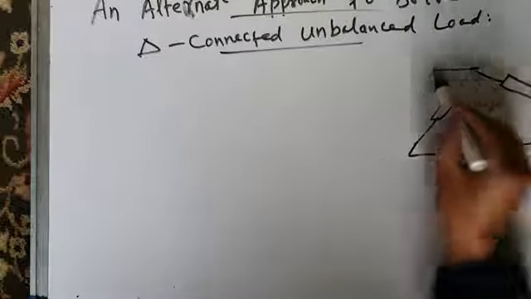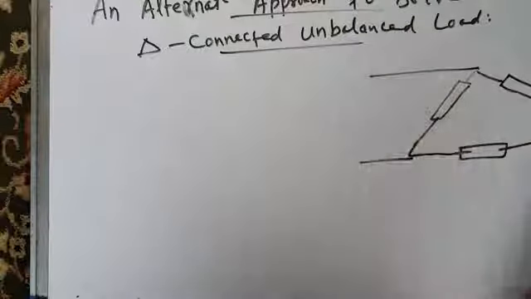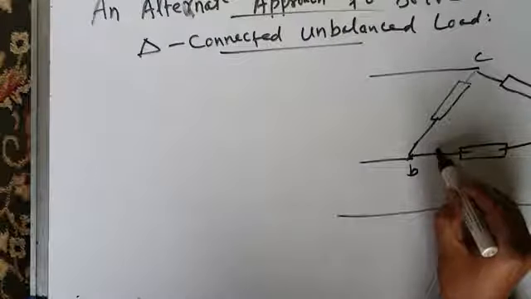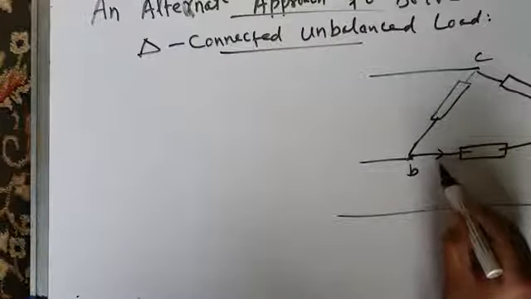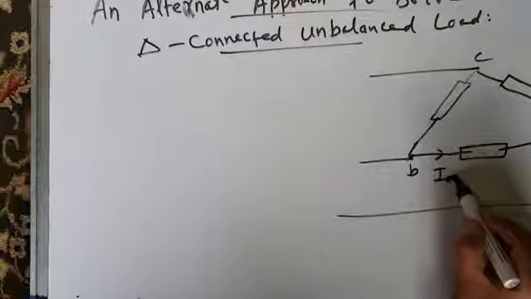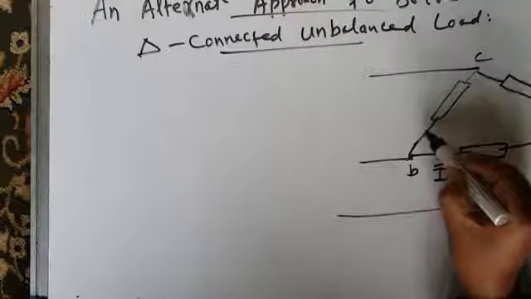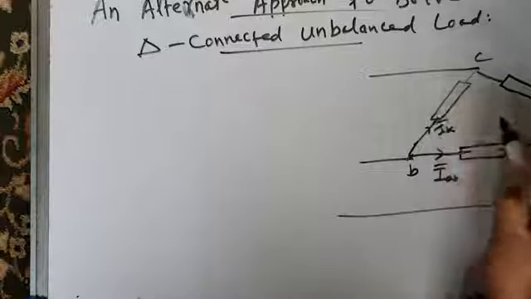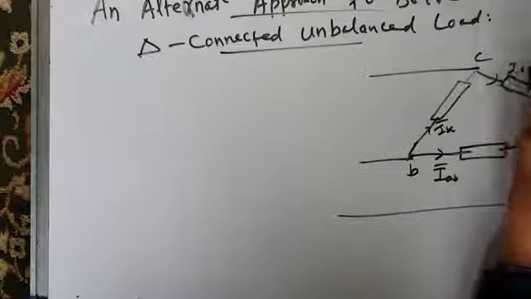This is our three-phase unbalanced delta load, A, B, and C. This is the phase current IAB, similarly IBC, and this is phase current ICA.